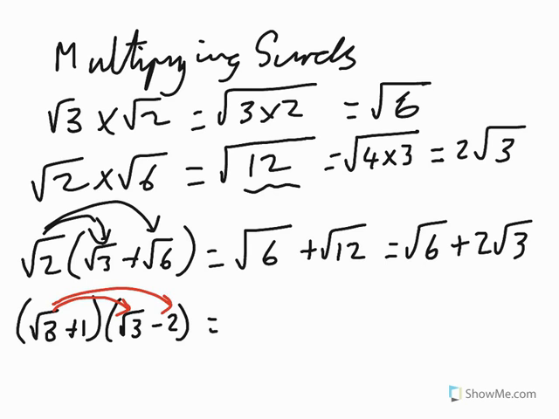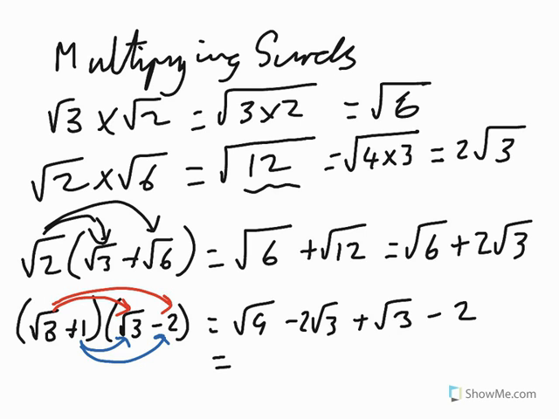That times that, that times that, which is square root 9 minus 2 root 3, and then this times this times this, so 1 root 3 and minus 2 on the end, and square root of 9 is 3, 3 take 2 is 1, minus root 3 is the answer for that one.